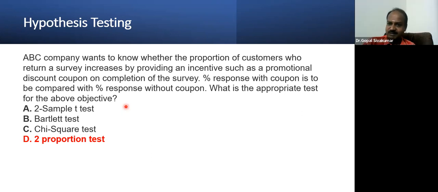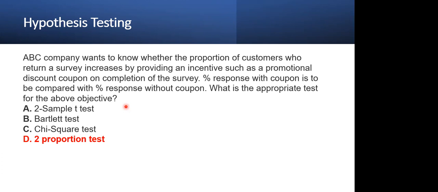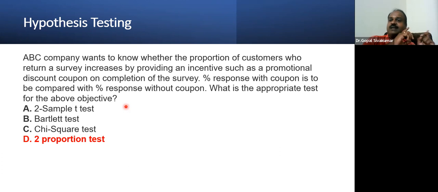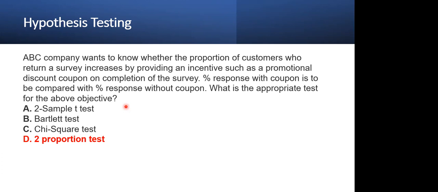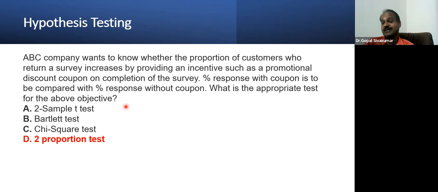Before tuition, after tuition, isn't it? The test performance before tuition, test performance after tuition. What is this? Two sample t-test. Or proportion test? Now what is test mark? Is it continuous or discrete?